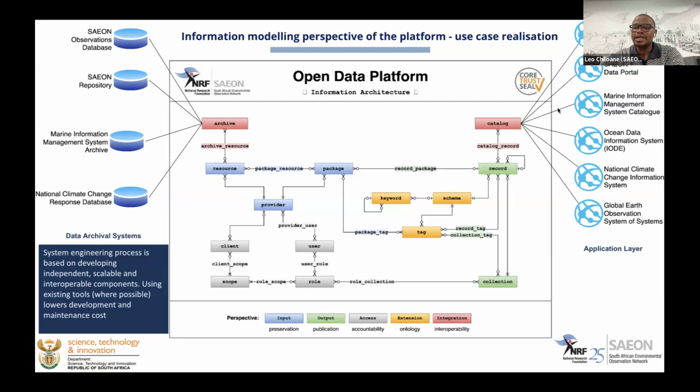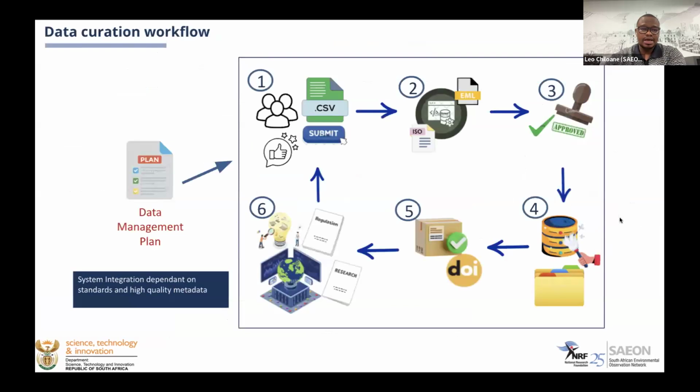And then what you can see on this side, it's the outward facing systems. So the SAON data portal that has all the metadata published, a marine data information management system, and then we push our data to the Ocean Data Information System, ODIS, and the Global Earth Observation System of Systems.